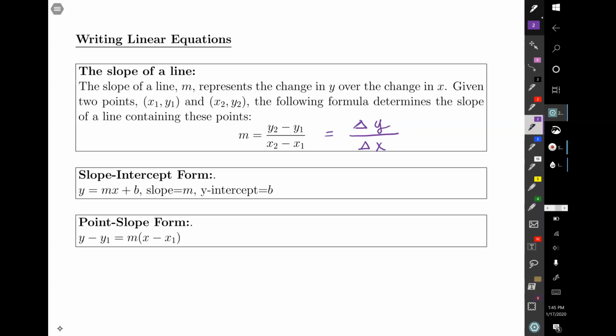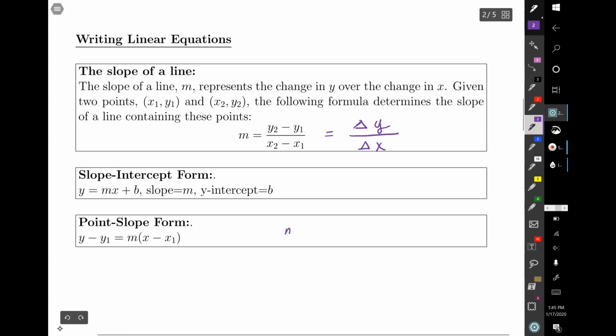This is point-slope form: y minus y sub 1 equals m times the quantity x minus x sub 1. I just want to point out that this is just a different form of your slope formula.